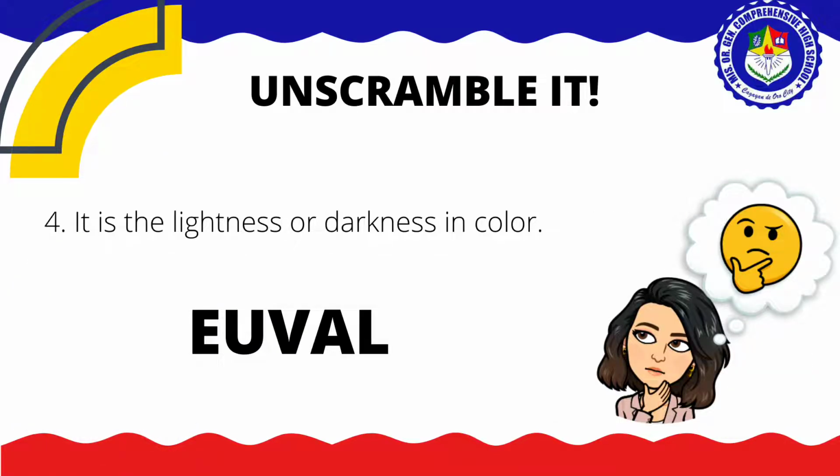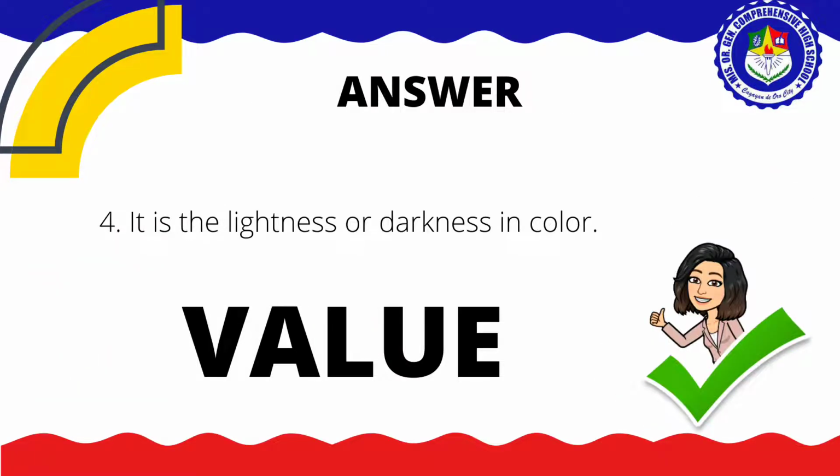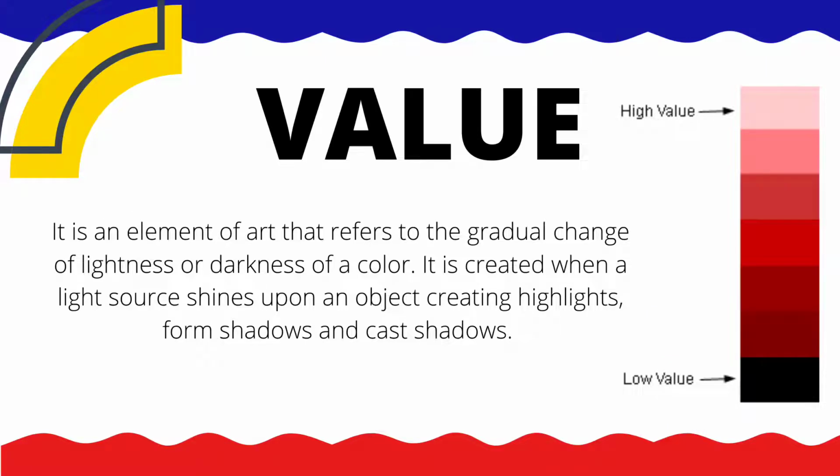Number 4. It is the lightness or darkness in color. The answer is value. It is an element of art that refers to the gradual change of lightness or darkness of a color.